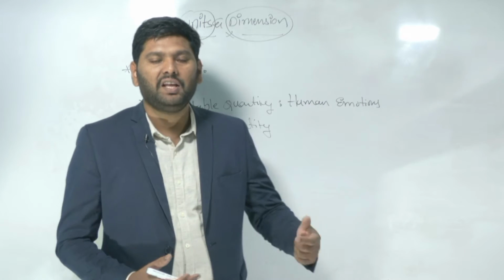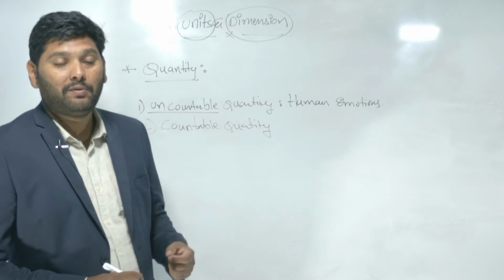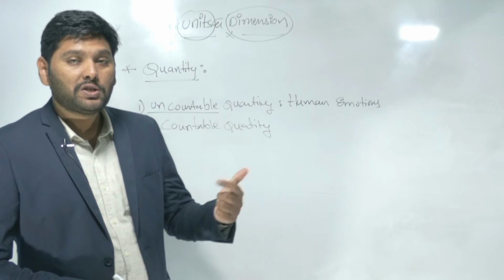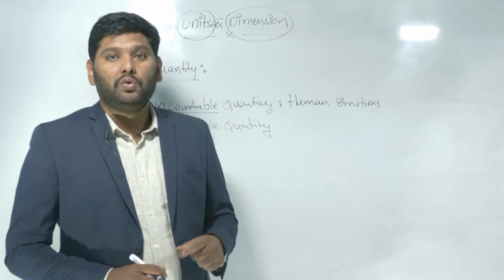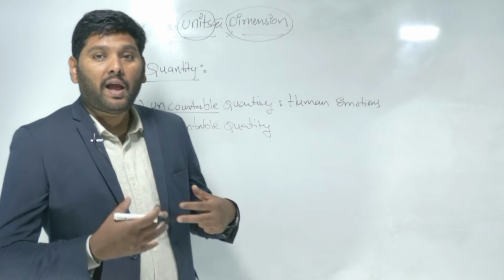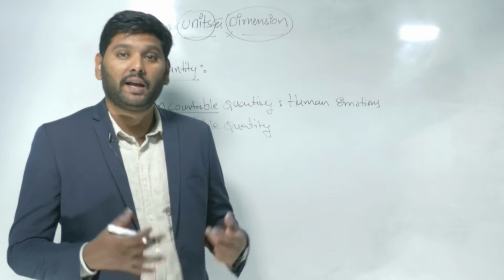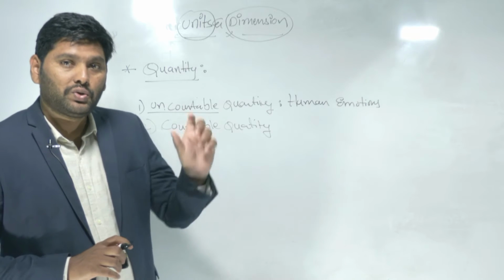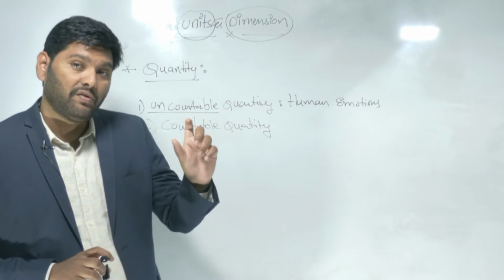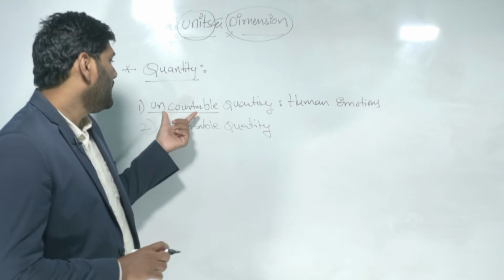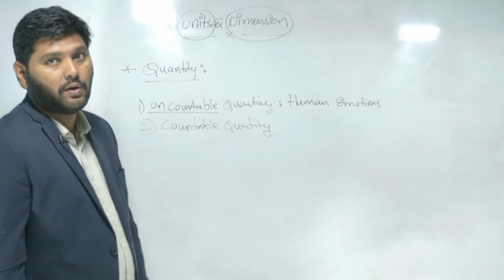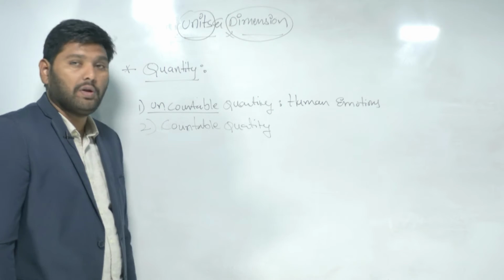We don't have any instrument to measure faith, isn't it? No instrument to measure love, no instrument to measure hungriness. Such kinds of quantities are called uncountable quantities. I hope you have got clarity on what is uncountable quantity.